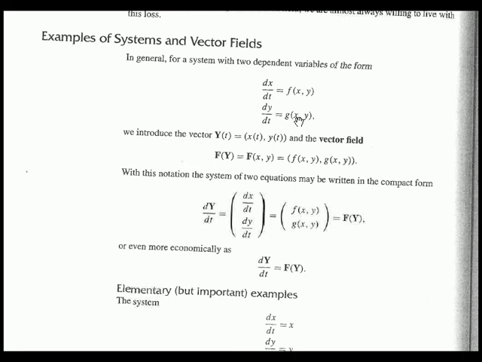But here in sections 1 and 2 and 3, we're going to talk about some qualitative methods, but these methods only work for autonomous problems, that is, where the right-hand sides do not involve the variable t.